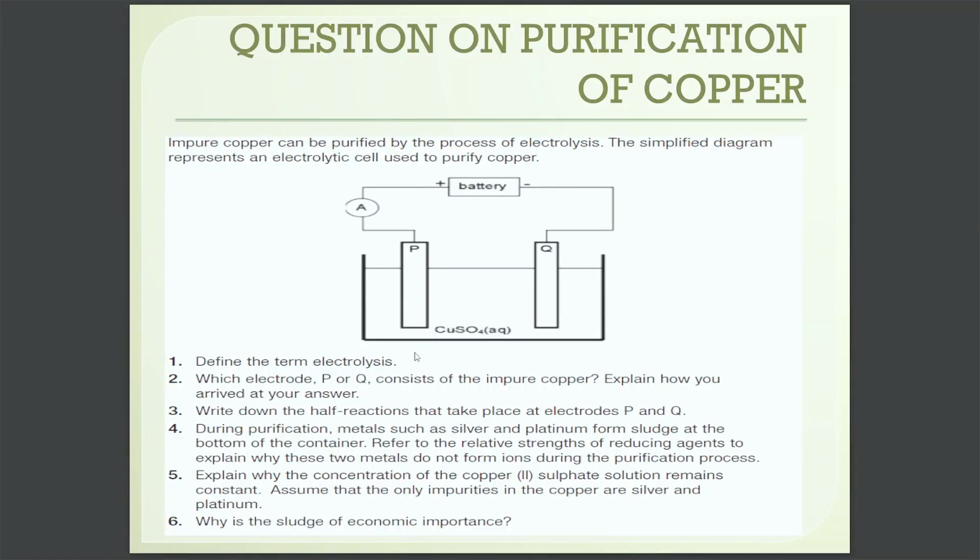Next question. Which electrode, P or Q, consists of impure copper? I want you to pay attention to the charges that the battery is offering us. On Q, there is a negative terminal connected. On P, there is a positive terminal connected.